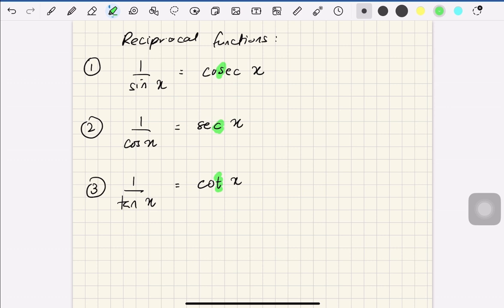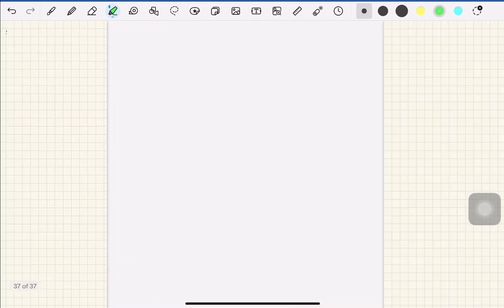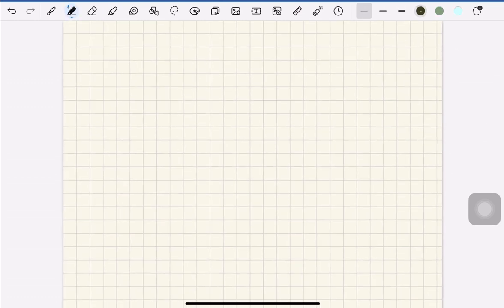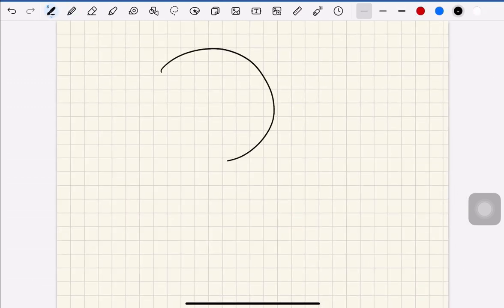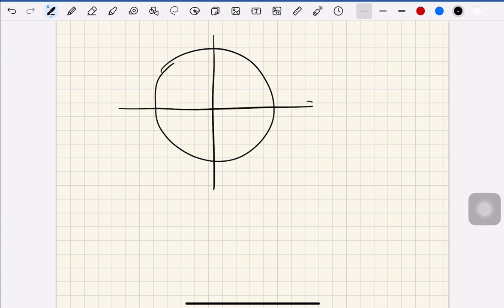Let's see how to derive the basic identities first. First you will be given a unit circle. Let me explain about the unit circle first. We have a circle, our x and y axes, and our origin. Let's say we have a point here with coordinates cos theta and sine theta.